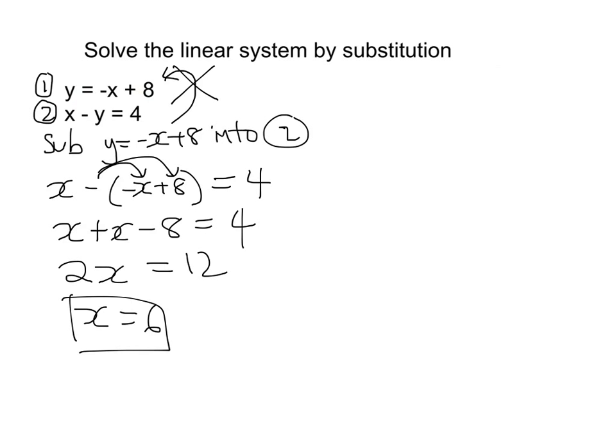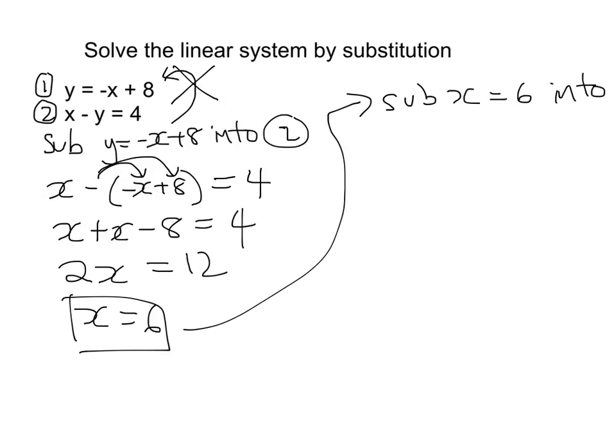So from here, all I gotta do is sub x is equal to 6 into either equation. It doesn't matter which equation you want to do, but I'm going to use my head, and I'm going to take a look and see that in the first equation, y is already isolated, so I don't have to do any work at the moment. So I'm just going to use that one.